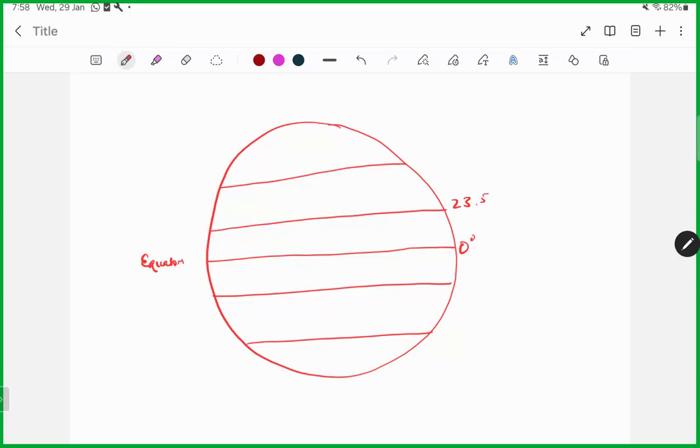Don't get confused with 23.5, or 23 and a half. 23.5 degrees north is this, and 23.5 degrees south is this. So we have to make a difference by writing whether it is north or south. And this area is known as the subtropical region.